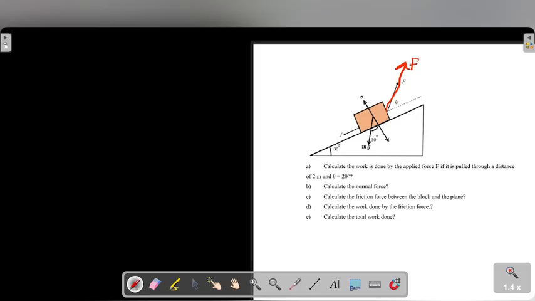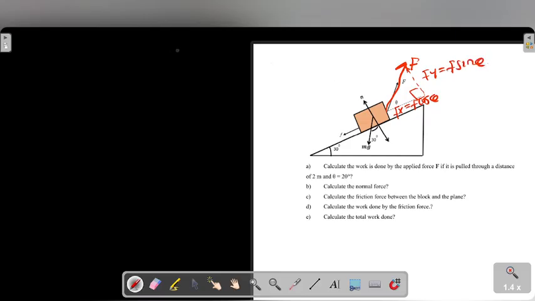So this is the force, and this force is acting at an angle, meaning that we have the x component and the y component. So here we have Fx, which is equal to F cos theta, and this side we have Fy, which is F sine theta.